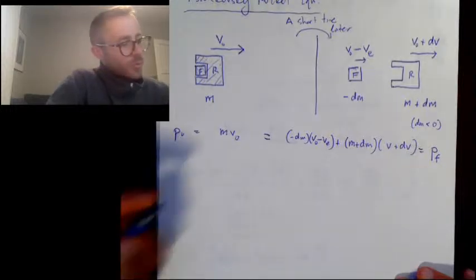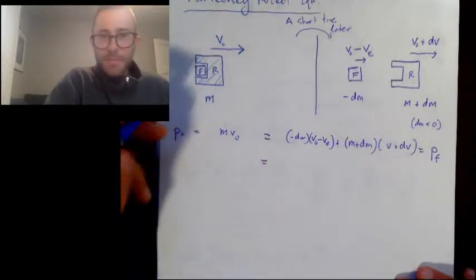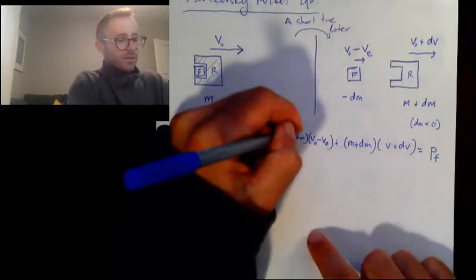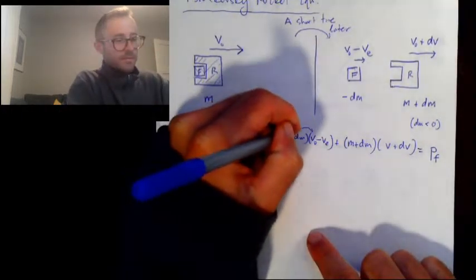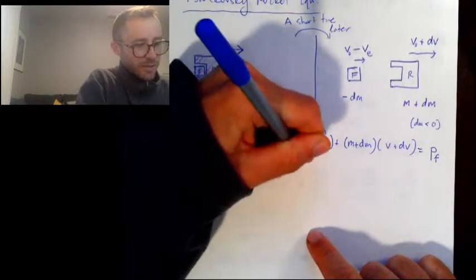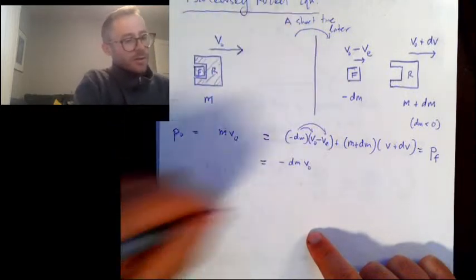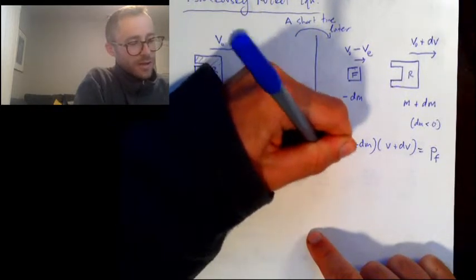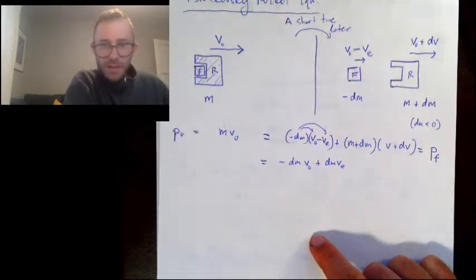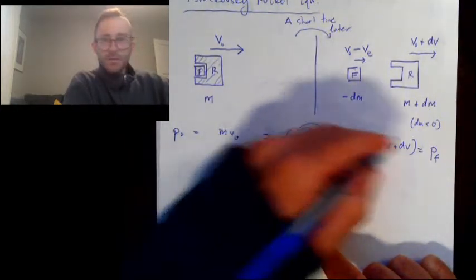So what I'm going to do on the right-hand side is multiply everything out. I'm going to multiply this through, so I have minus dm times v naught plus dm times the velocity of the exhaust. And then I'm going to FOIL this term.